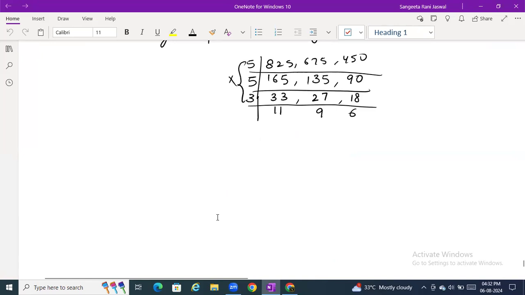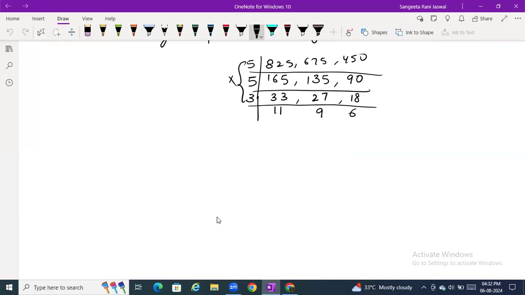Okay, now see, I'm just taking an example here. Suppose you have to multiply -5 into -4. Minus into minus will be plus, and 5 into 4 is 20. So this will be plus 20. Then please follow the sign rule.